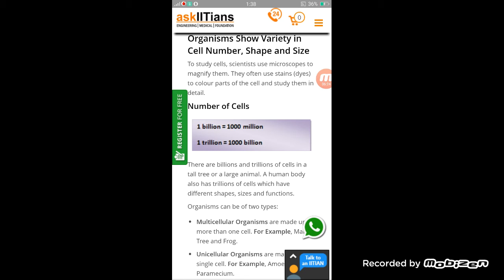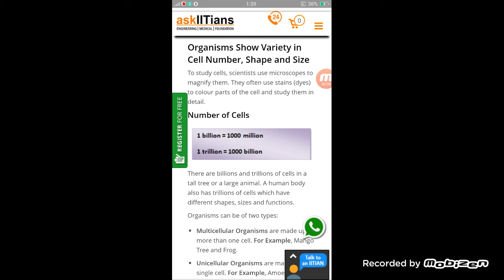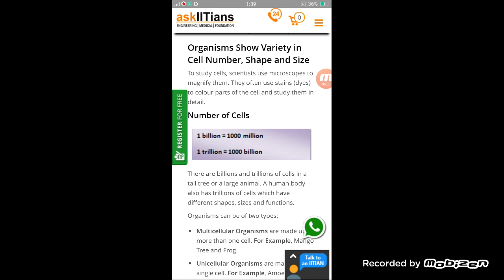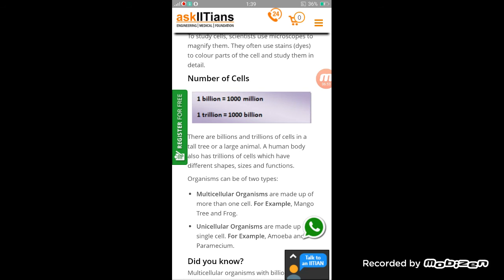When they keep the cell on the slide and put the dye, such as methylene blue solution, on the cell, all the cell organelles, meaning the components of the cell, will have different colors and it will be easy for us to see them. That's why they do staining, to study the parts of the cell in a magnified and clearer way.